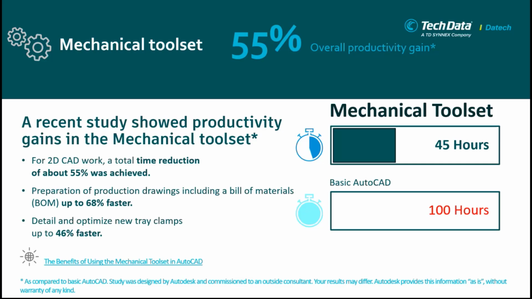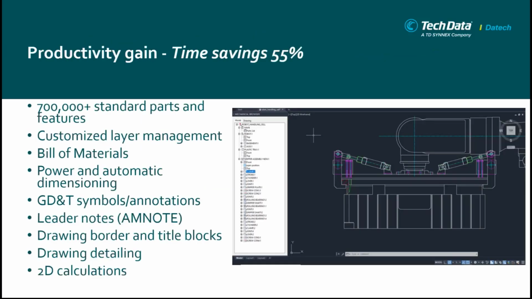Optimizing new tray clamps are also possible and available for your designing process. So, yes, these are the powerful features. The layer management, which personally I love the most, and bill of materials, automatic dimensioning, or other sets of data where we are spending time on manual errors could be completely removed in the designing turn.